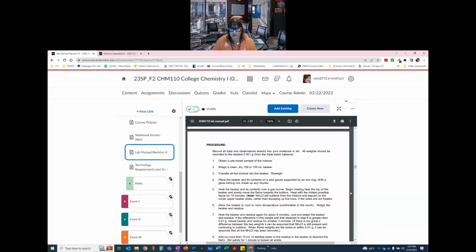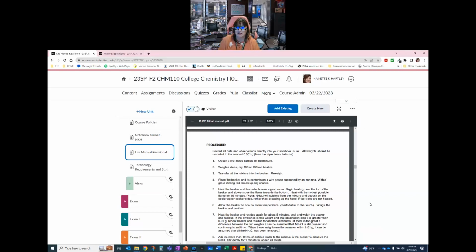Okay. We allow the beaker to cool to room temperature, comfortable to the touch, weigh the beaker and the residue, and then we heat the beaker again and weigh it again. We want to make sure that that mass is constant, because if it's not constant, then we lost more material. So that's a problem. We need to make sure that that reaction is as complete as it can be.